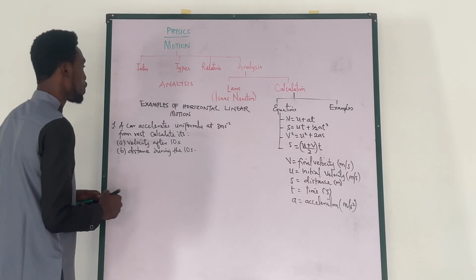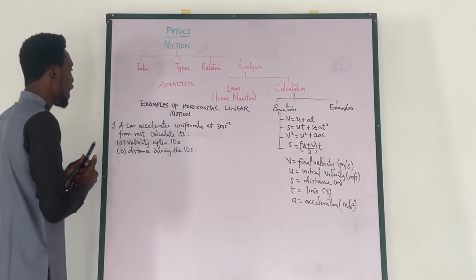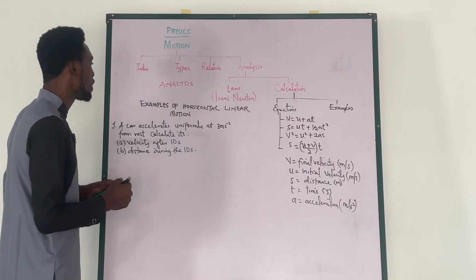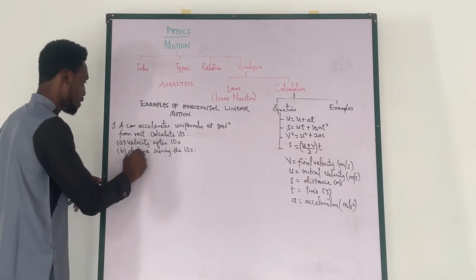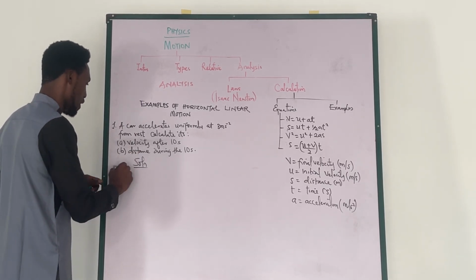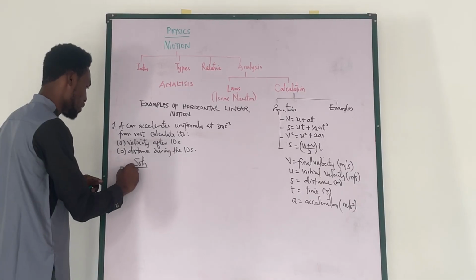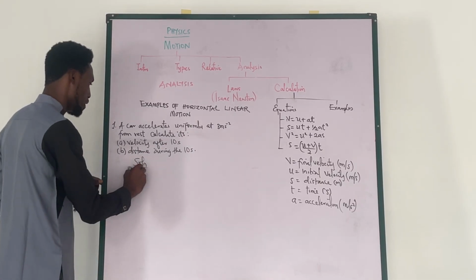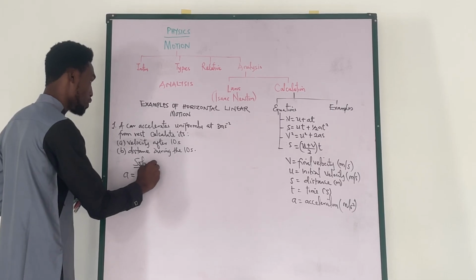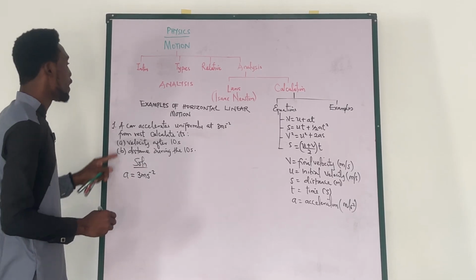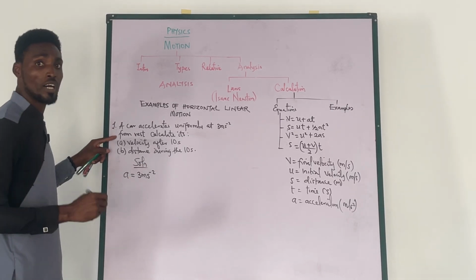So let's move into solving this very question. A car accelerates uniformly at 3 meters per second squared. So your acceleration is 3 meters per second squared. Are we there? Then the question says from rest.